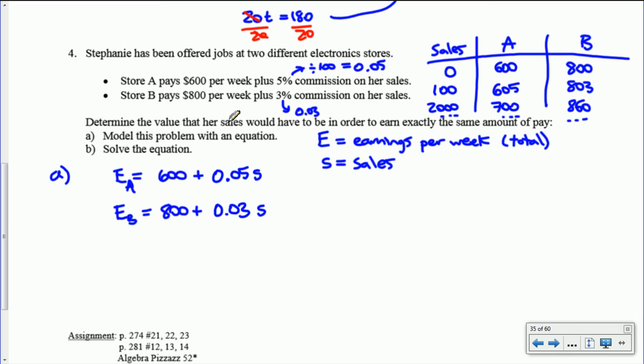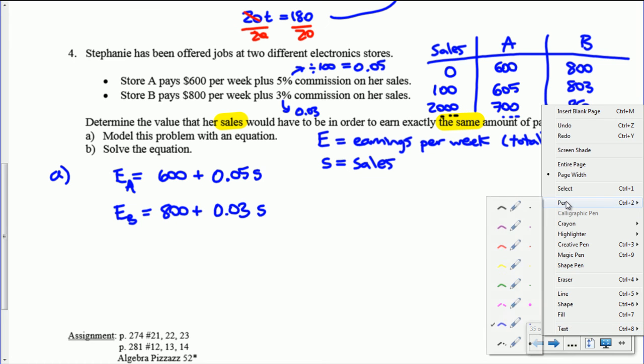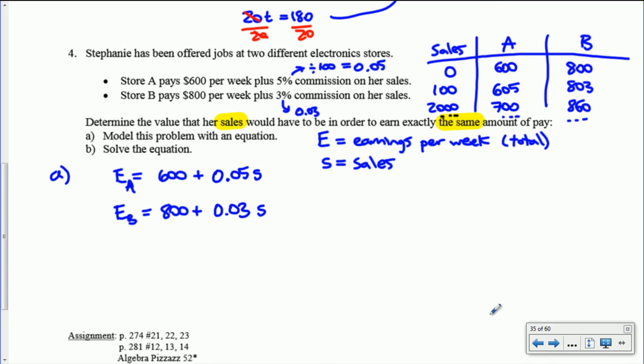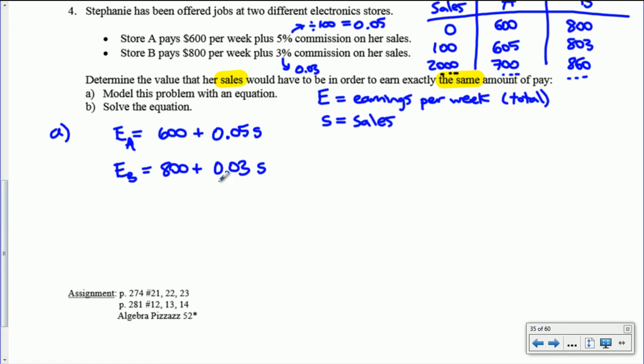So we want to figure out the sales to earn exactly the same. So sort of similar to the last question, except this time the money's coming in rather than being paid to a gym. So we want our earnings at A to equal our earnings at B.